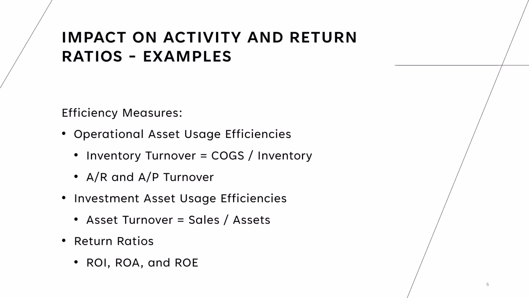So your current year income is going to be reduced because of this decision. If the income is reduced, then obviously the ROA and ROE, the R, is reduced.